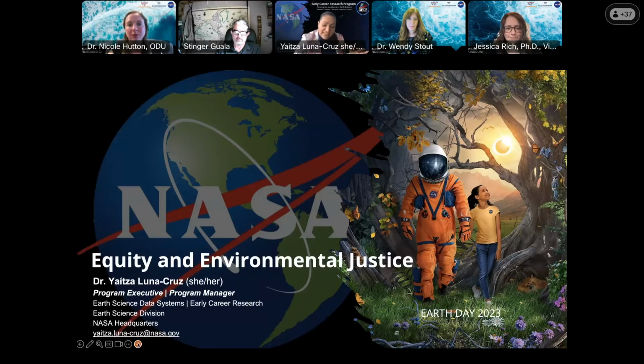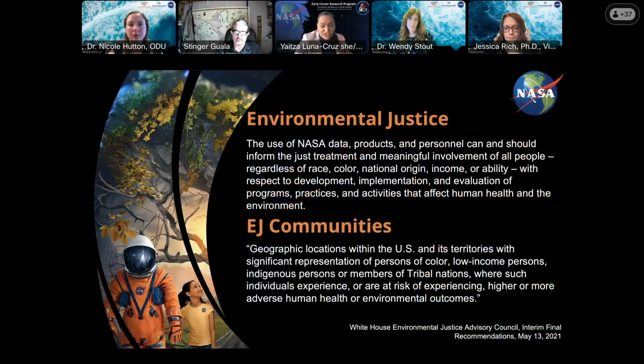We all know that NASA leads the nation on the great journey of discovery, seeking new knowledge and understanding of our planet Earth, the sun, the universe, to enable space exploration, but most importantly, to benefit life on Earth. But I want to start by sharing NASA's definition for environmental justice.